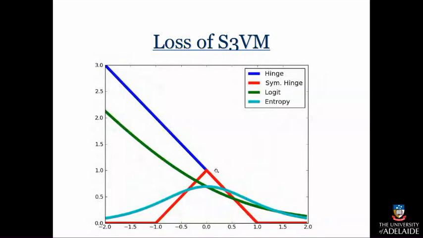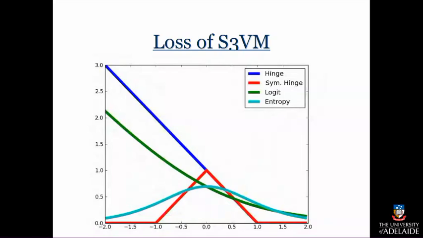And we can use this kind of loss for semi-supervised learning. And this entropy loss is just a smoothed version of this symmetric hinge loss. So this one and this one are used for semi-supervised learning.